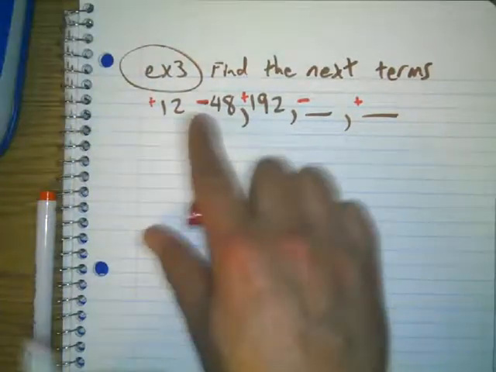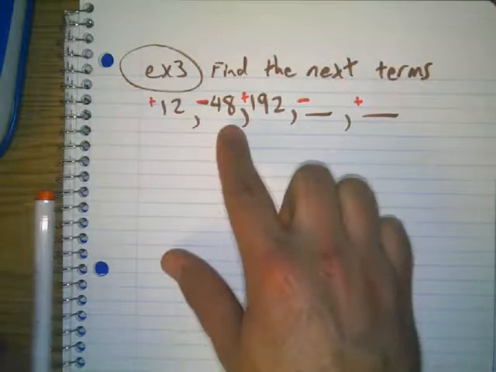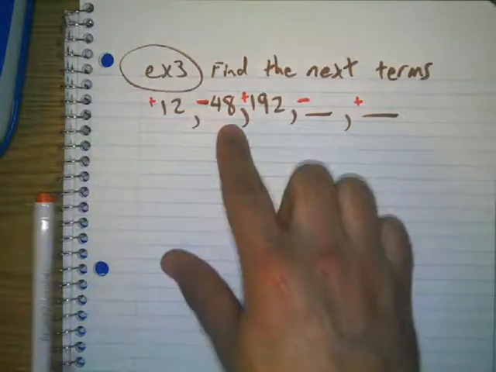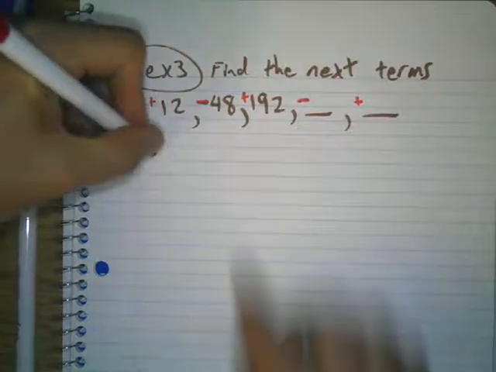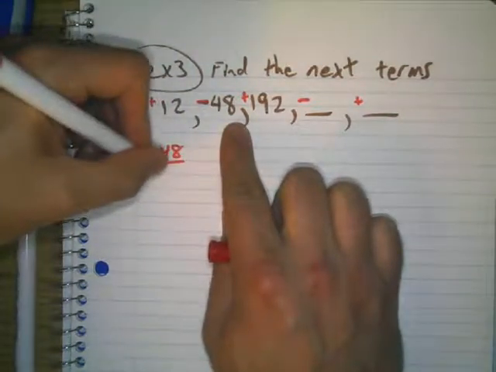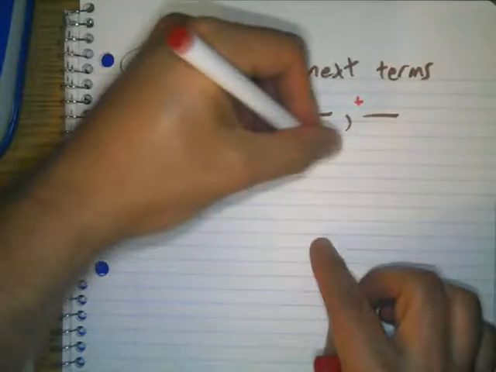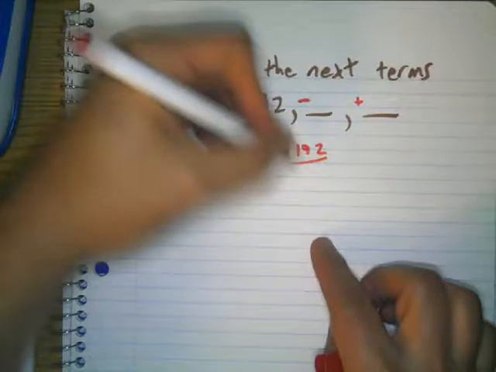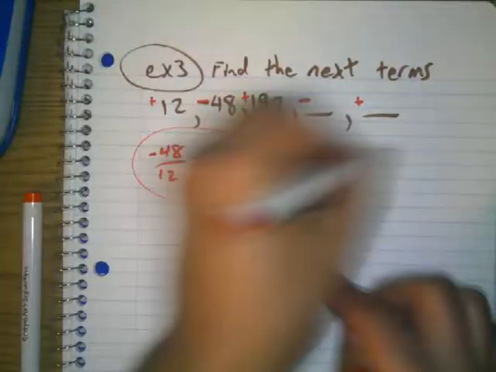Positive, negative, positive, negative, positive. All right. Now, one of the things we said, okay, what do I multiply 12 by to get to 48? Like I said, I could do -48 divided by 12, or I could do 192 divided by -48. Both of these methods are going to give us our common ratio.